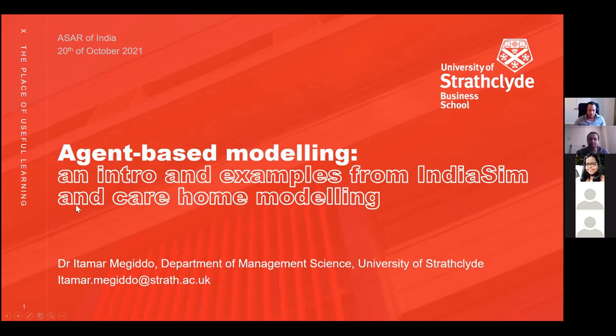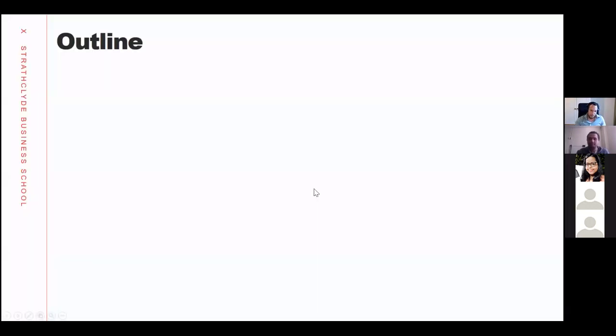So, all right, the outline for today, what we're going to be talking about. We're going to have a quick example where an ABM is useful for modeling complex systems. We're going to be talking a bit about what a complex system is to understand when agent-based models are going to be useful.